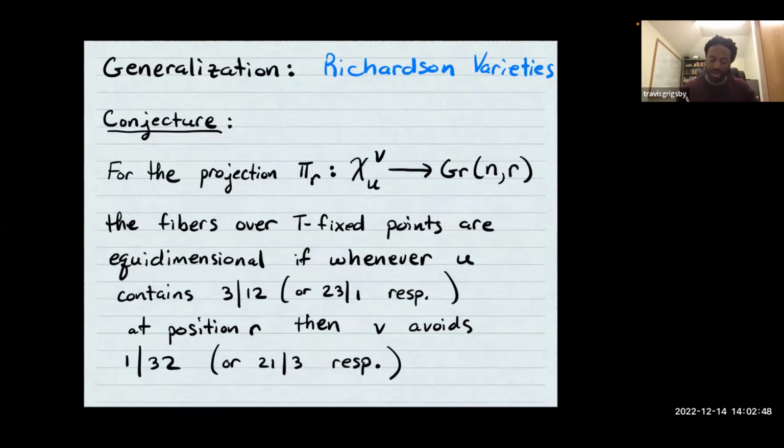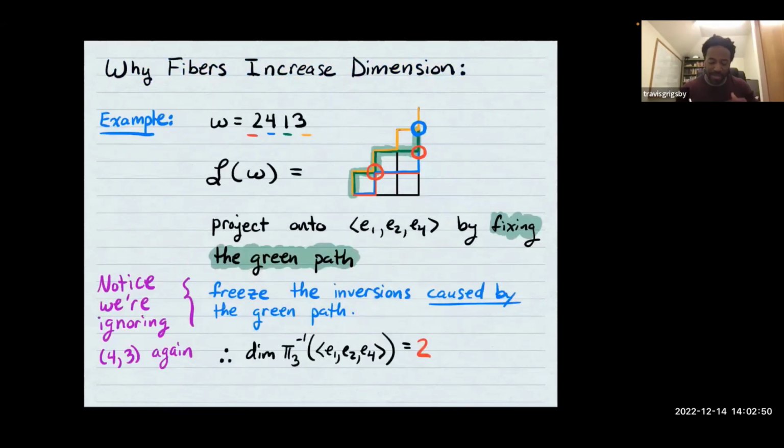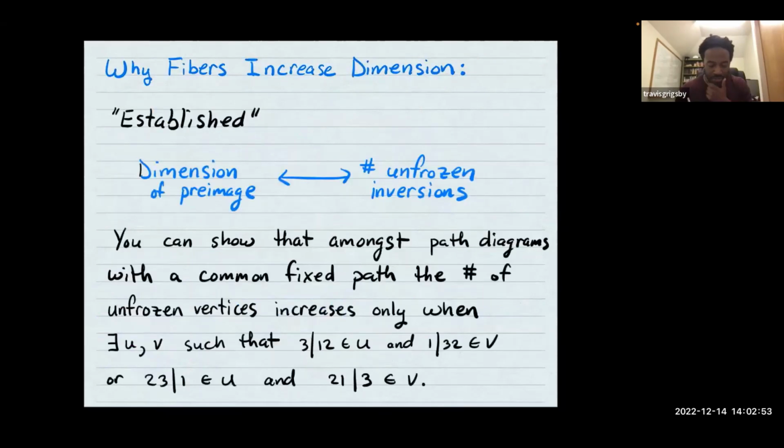You can show with those lattice path diagrams that the only way you can go up in dimension on the fibers is exactly when you've taken a pattern that had 3, 1, 2 and you switch the 1 and the 3. It's easy to see from the lattice diagrams where it might not be easier in another way. Or if you had the pattern 2, 3, 1 and you switched again the 1 and the 3 to get a 2, 1, 3.